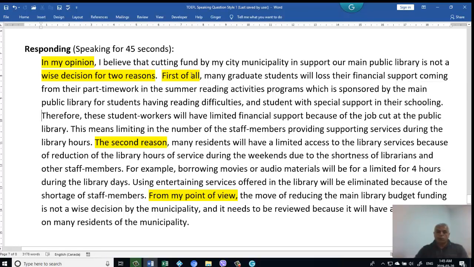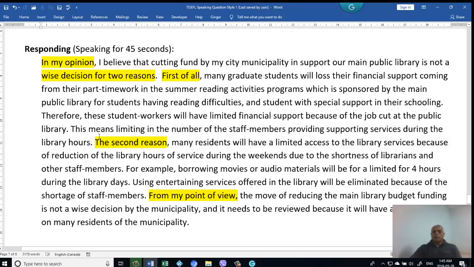Therefore, these student workers will have limited financial support because of the job cut at the public library. This means a limited number of staff members providing supporting services during the library hours.